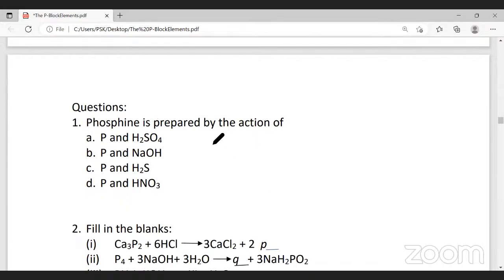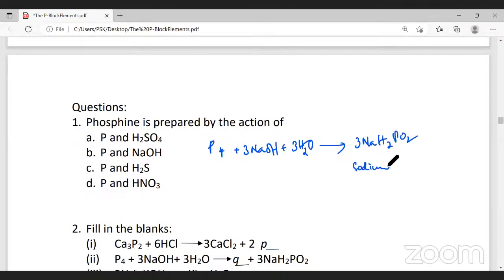White phosphorus on heating with sodium hydroxide solution gives sodium dihydrogen phosphate as a byproduct, and the product we get is phosphine. PH3 is phosphine. So the answer is white phosphorus on heating with sodium hydroxide solution. Hence, the answer is option B.